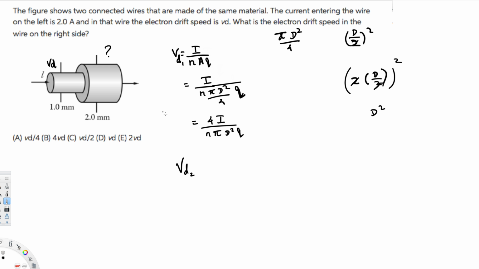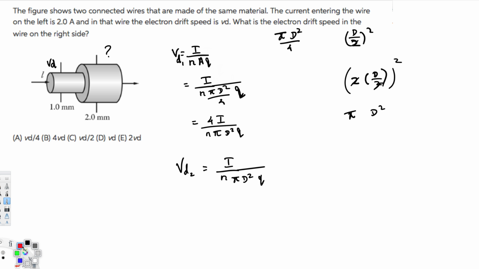In this location, Vd2 is going to be I over n pi d square q, because the 4 is not going to appear. This is going to be the new equation.